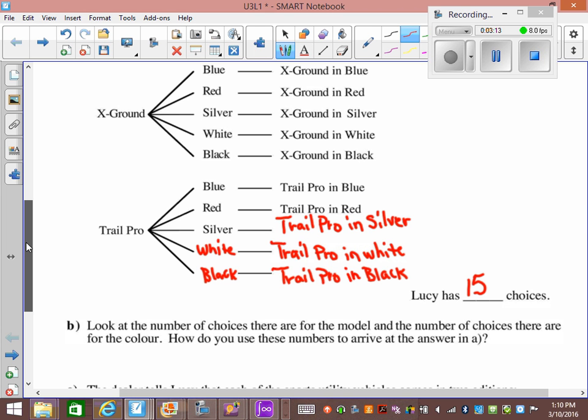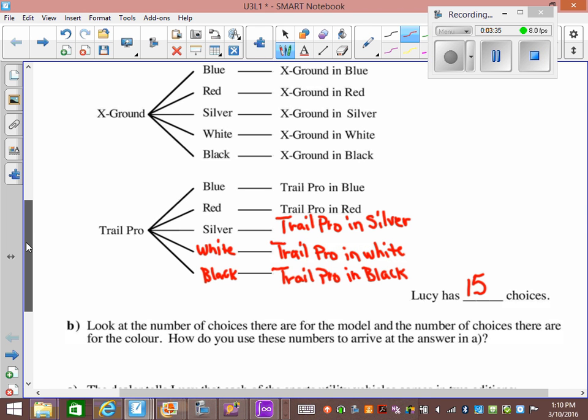So the benefit of a tree diagram is that every outcome is listed. So you actually see what every outcome is, right? The downfall is if there's 18 makes and each make has 10 colors, oh my goodness, you need a really large piece of paper to draw every single one out, right?